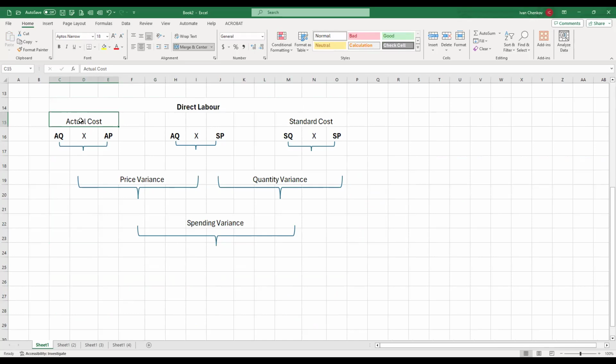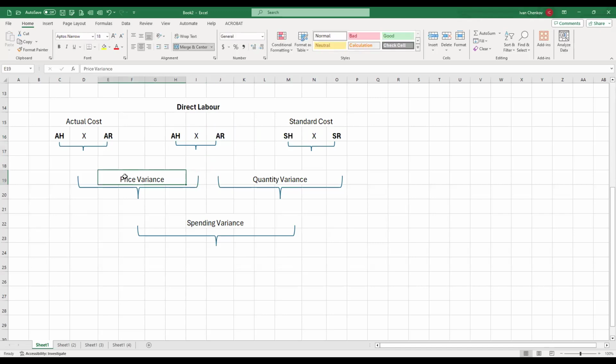Second, actual cost will be the actual hours times the actual rate. Standard cost will be the standard hours times the standard rate. In that case, in the middle, we're gonna have half of the actual and half of the standard: actual hours times the standard rate.